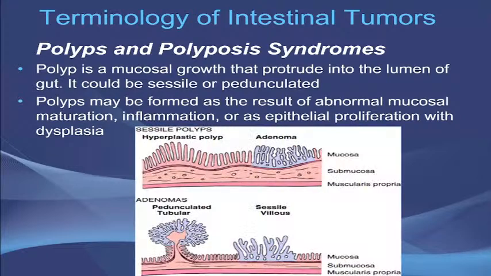In this pictorial depiction, you see examples of polyps, so hyperplastic polyps, proliferation of the mucosa, often without dysplasia. Then there are adenomas, which can be pedunculated polyps with a stalk like a mushroom, or sessile when they are broad-based without a stalk.